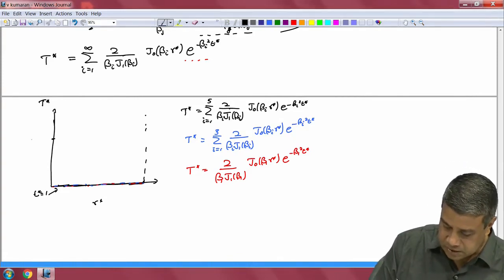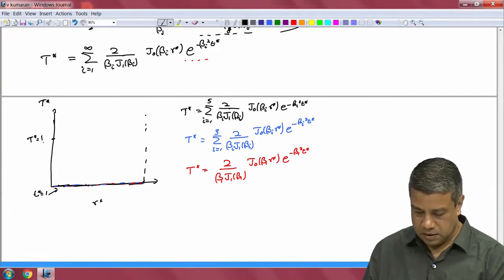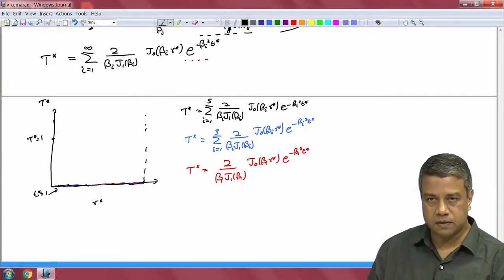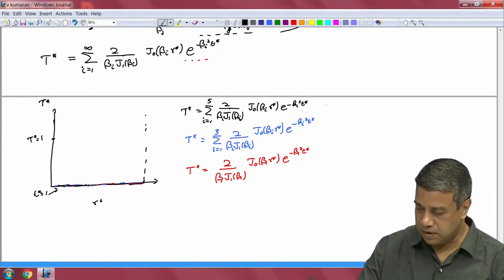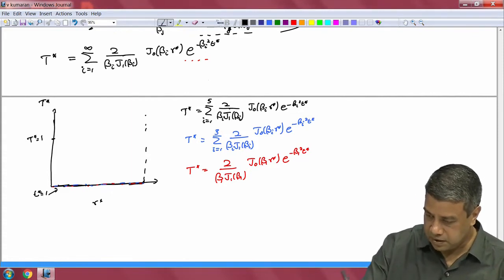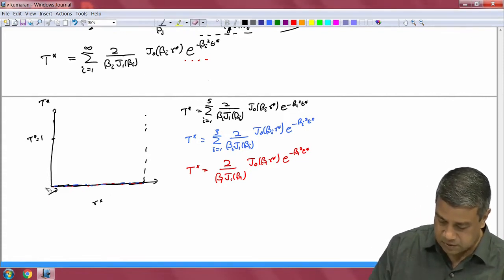So, let me put here T star equal to 1. That is the initial value, and by the time the scaled time is equal to 1, it has reached that state.